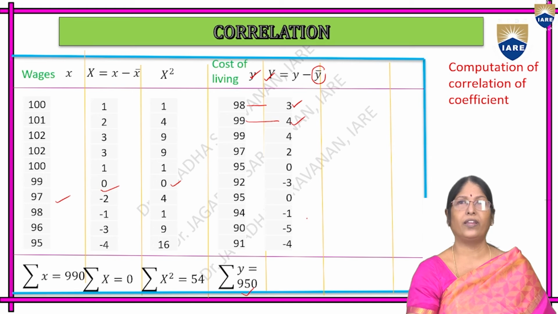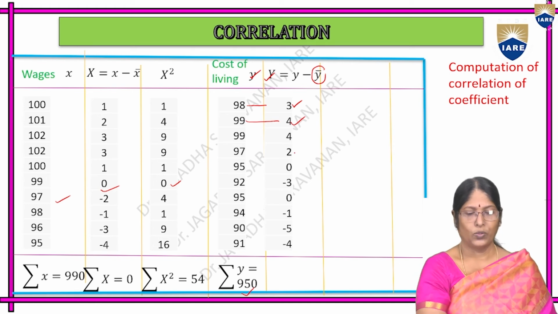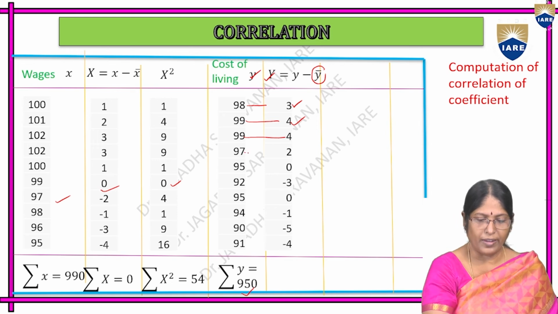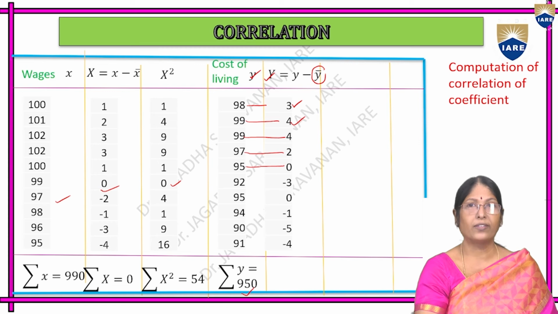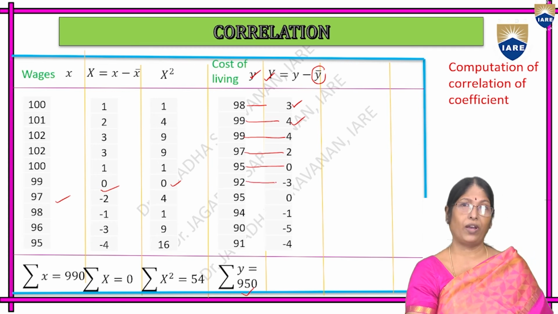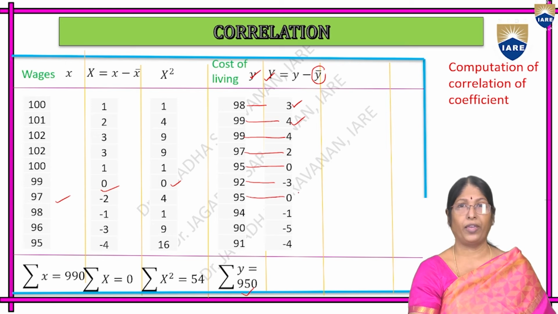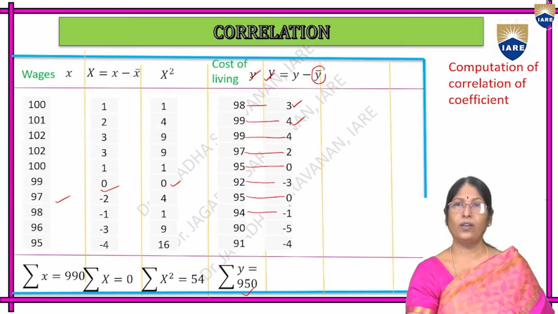Everything we calculated, we have written here. So 99 minus 95 is 4, 97 minus 95 is 2, 95 minus 95 is 0, 92 minus 95 is minus 3. Here 95 minus 95 equals 0, 94 minus 95 is minus 1.